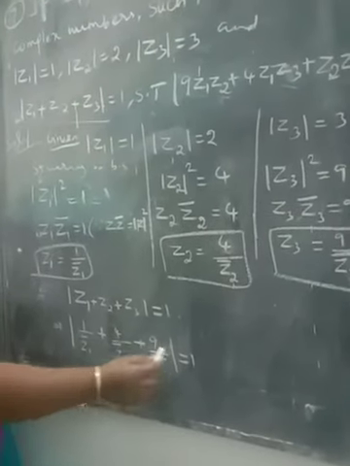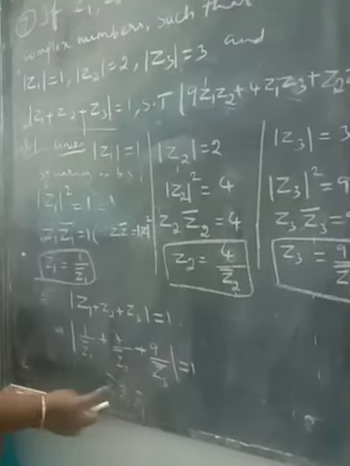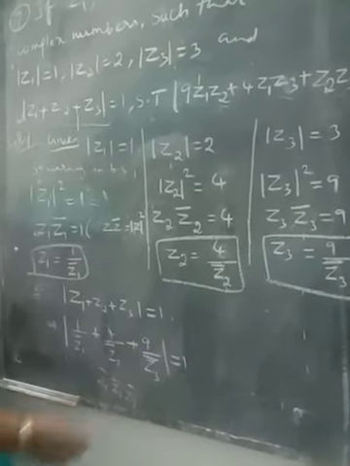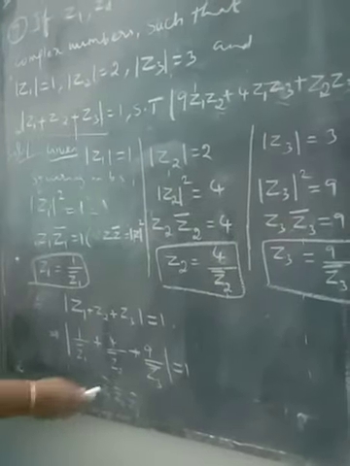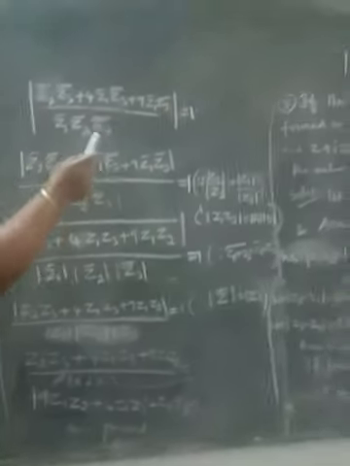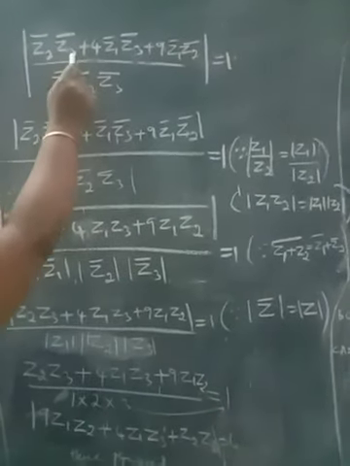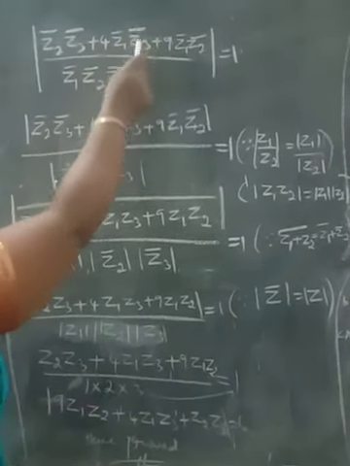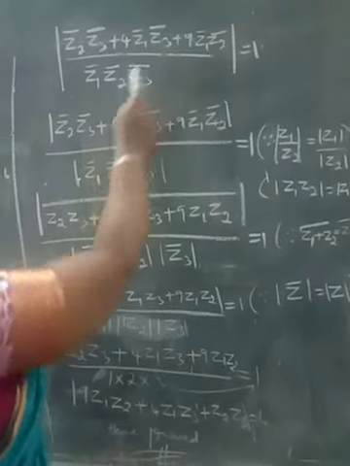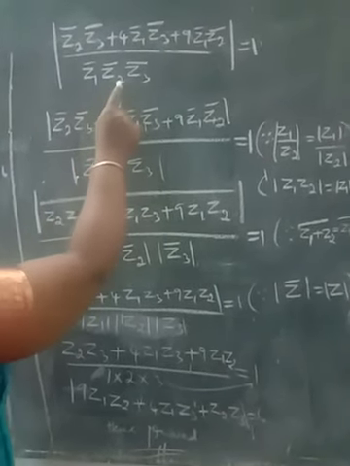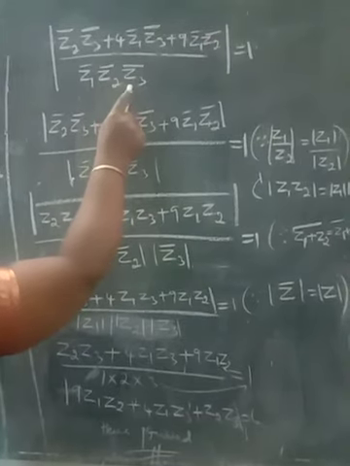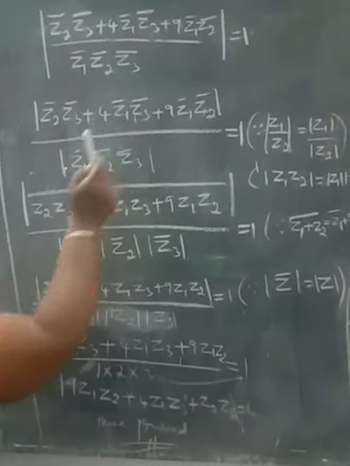Then for 9 by Z3 bar, the remaining is 9 into Z1 bar into Z2 bar. So, here we have written Z2 bar into Z3 bar plus 4 into Z1 bar, Z3 bar plus 9 Z1 bar, Z2 bar, by Z1 bar, Z2 bar, Z3 bar, equal to 1.